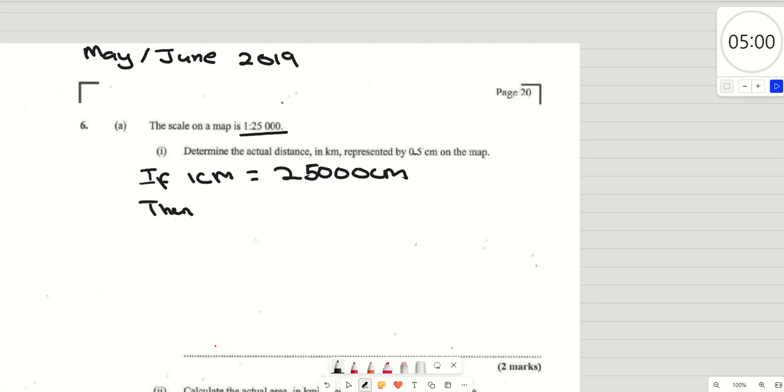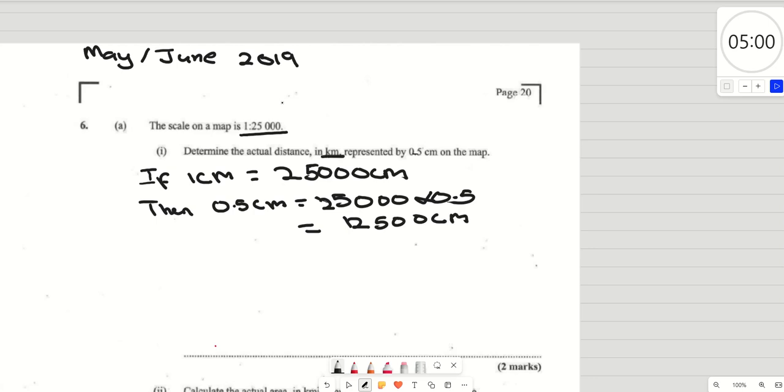Then they want to find 0.5 centimeters, which would be 25,000 multiplied by 0.5, which equals 12,500 centimeters. But they don't want centimeters, they want kilometers.